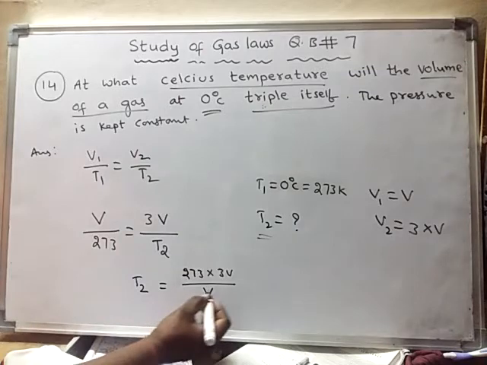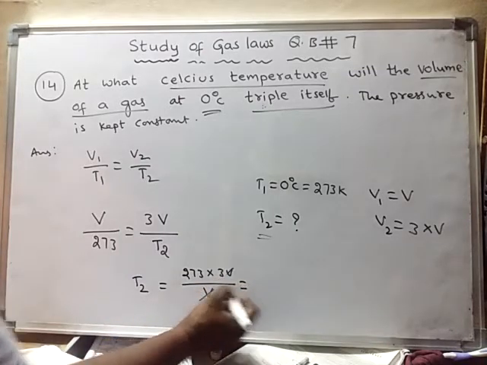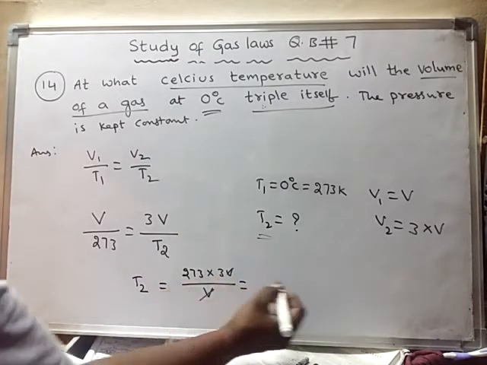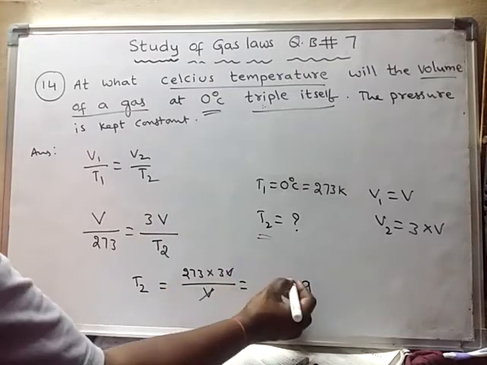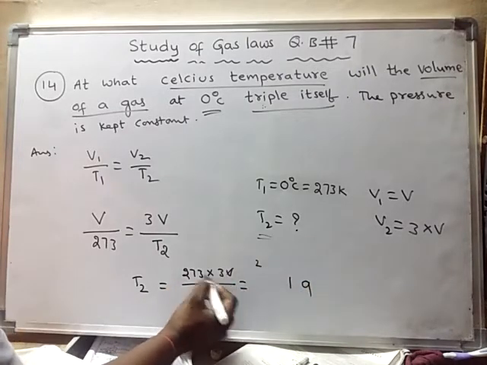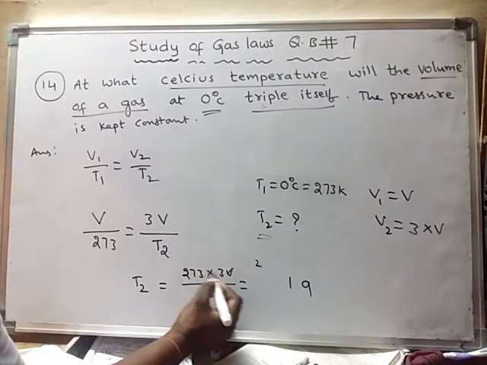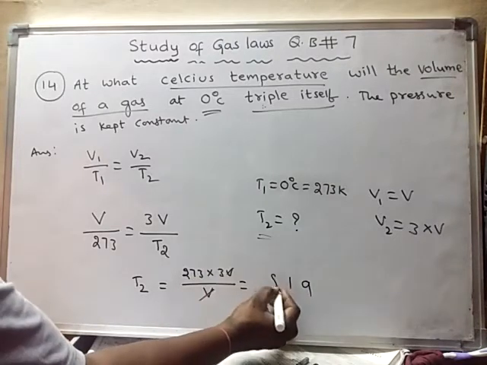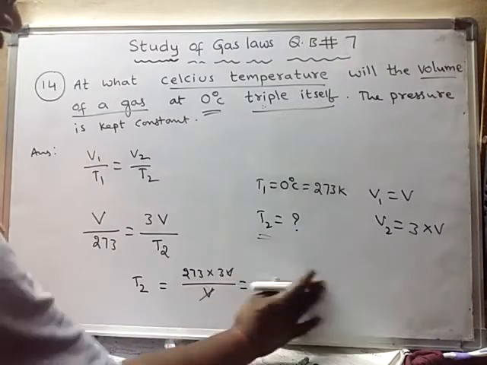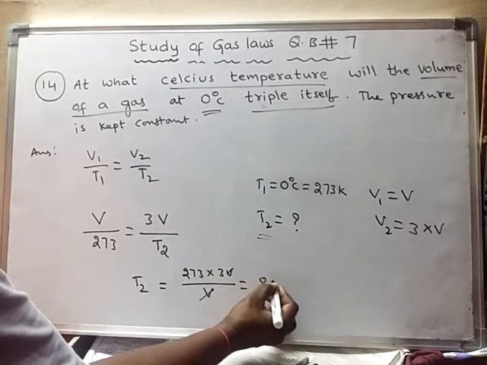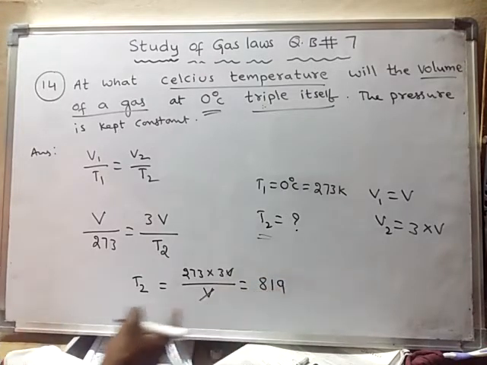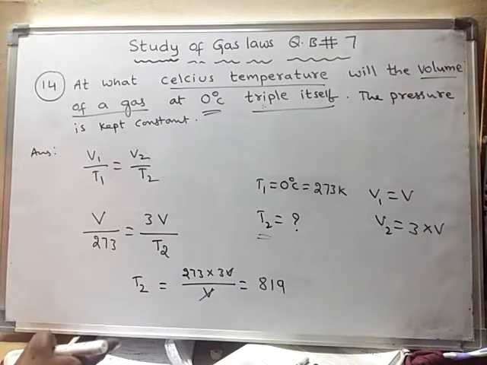So it will be 3 times 273. 3 times 3 is 9, 3 times 7 is 21, 3 times 2 is 6 plus 2 is 8. So it is 819 Kelvin. So at 819 Kelvin, the volume will become 3 times its initial volume.